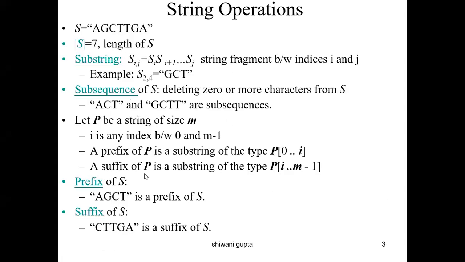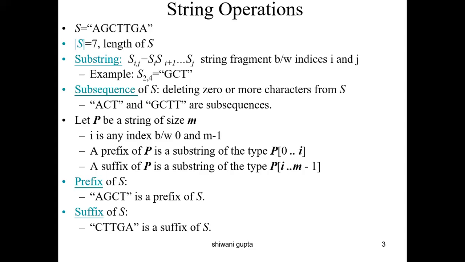Again, there are some related terminologies. This string is given. Length of string, we know the substring, we know the subsequence because we have already seen this in LCS. Prefix and suffix we have seen just now, the official definition being from 0 to the ith character. So i could be anything between 0 and m minus 1, where m is the size of the pattern, meaning the pattern has m characters.